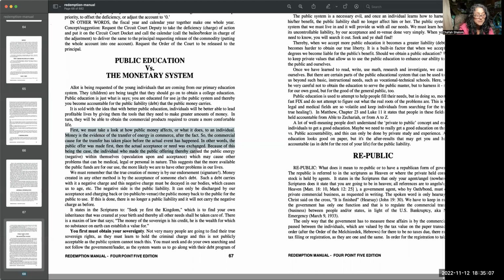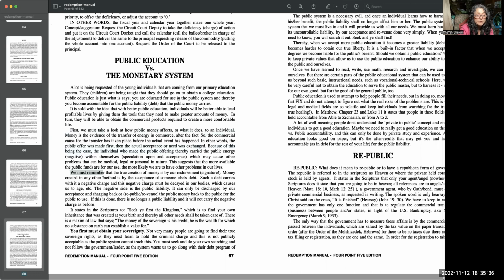Because of this being the case, the individual who made the public offering thereby carried the public energy, negative, within themselves, speculation upon an acceptance, which may cause other problems that can be medical, legal, or personal in nature. This suggests that the more available the public funds are for our use, the more likely we are to have other problems in our lives.